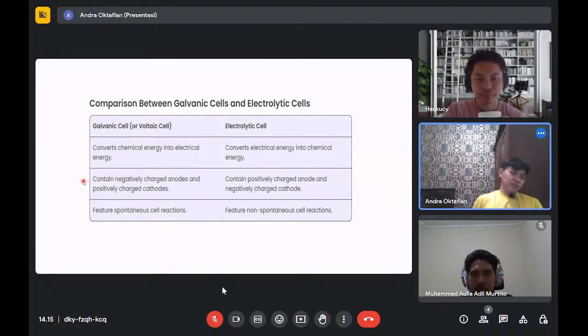This kind of voltaic cell has a negatively charged anode and a positively charged cathode.